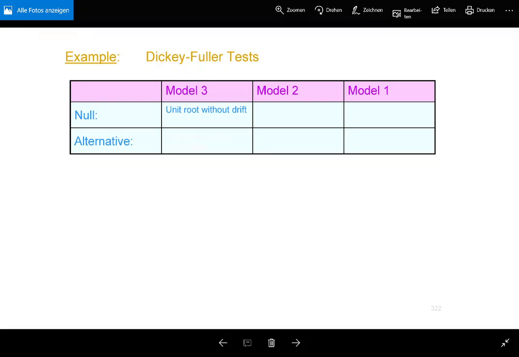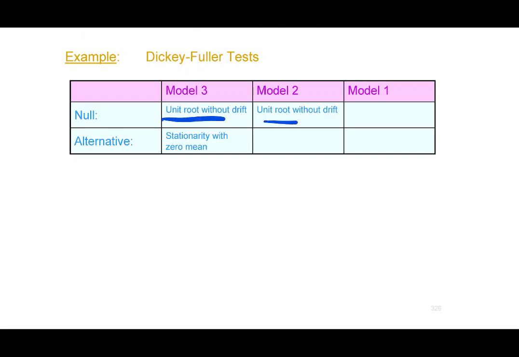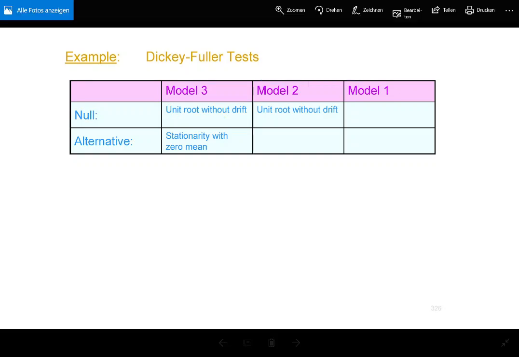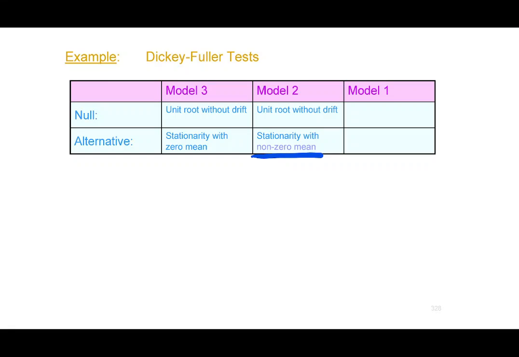It has a unit root, right? The alternative was that it's stationary around the zero mean. Basically, for model 2, the null hypothesis was that it has a unit root with the drift. So these two null hypotheses are equal, right? But the alternative is different. So here you have non-zero mean, whereas for this one you have zero mean.